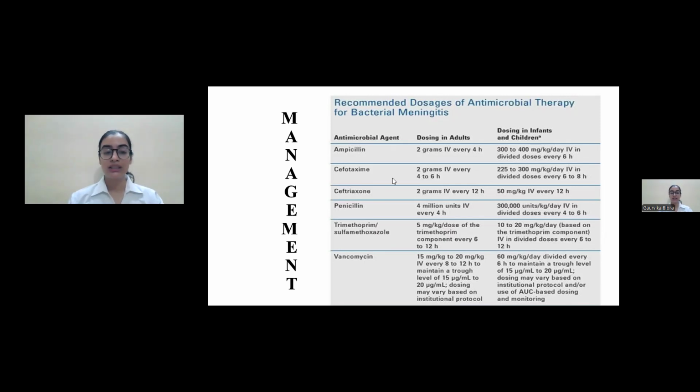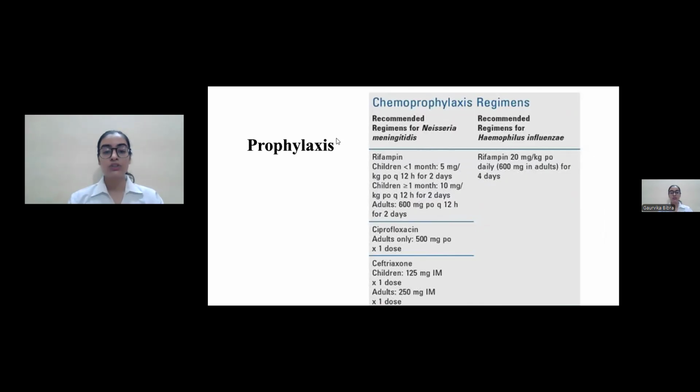So moving on to the next, which is the prophylaxis. In the prophylaxis, we can give rifampicin to children, and the dose will be different according to which kind of meningitis the patient got infected with. So we will have N. meningitidis and H. influenzae.